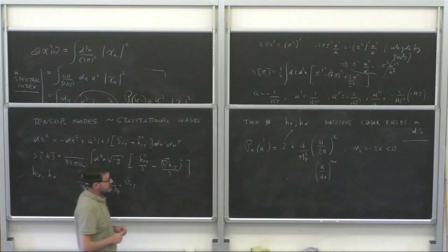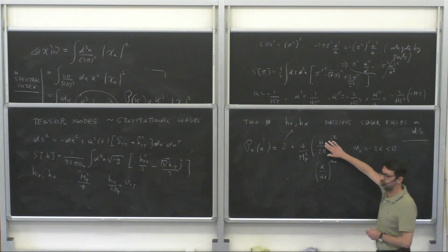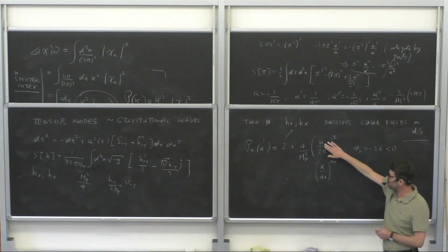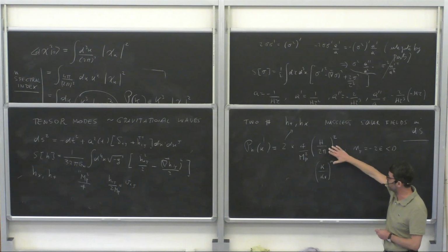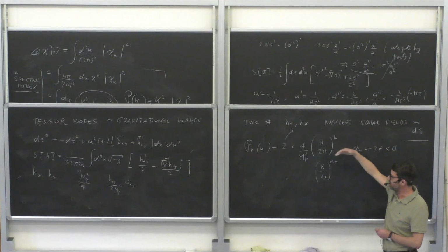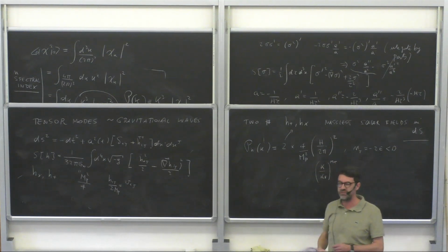The problem, what is the problem? The problem is that the amplitude of these tensor modes goes like H, and we don't know how large H is, okay? The current experiments, or the future ones, will be able to measure the presence of the tensor modes through the polarization of the CMB anisotropy only if this H is large enough, something like 10 to the 14 GeV, corresponding to a scale of energy driving inflation of the order of the grand unified theory scale, like 10 to the 15 GeV.